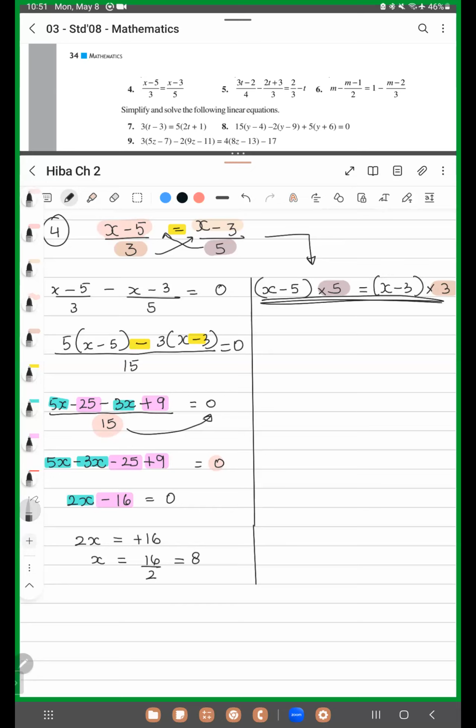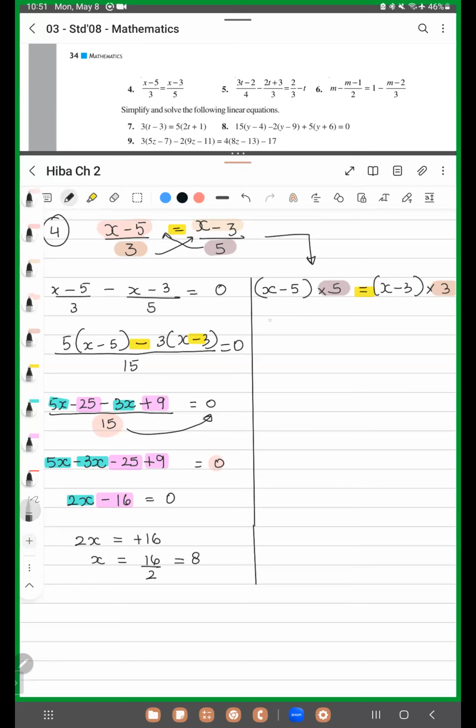समझ में आया आपको? Okay. So now let's solve it. LHS को हम solve करते हैं. X minus 5 into 5. So क्या हो जाएगा ये?